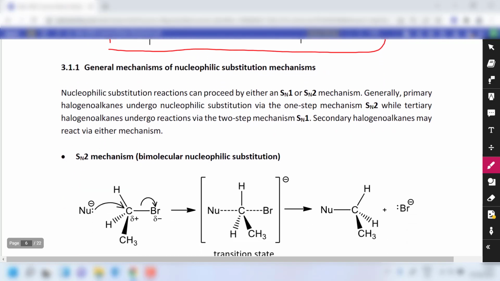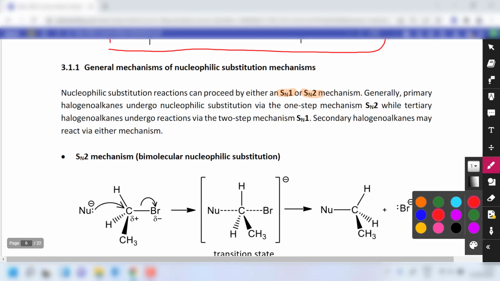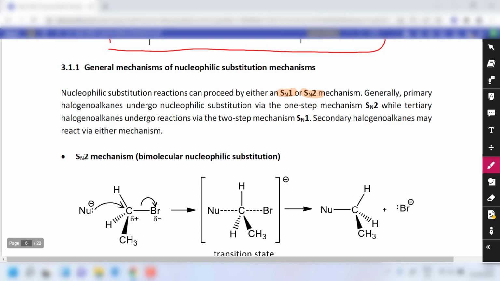For the general mechanism of nucleophilic substitution, by and large, for the past 100 over years, scientists uncovered two types. They are famously known as SN1 or SN2. SN1 stands for first order nucleophilic substitution.